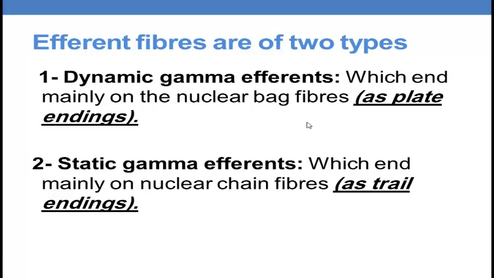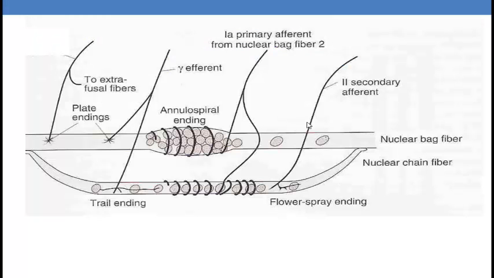So dynamic gamma fibers usually end as plate endings, while static fibers usually end as trail endings. This is a trail ending and this is a plate ending.